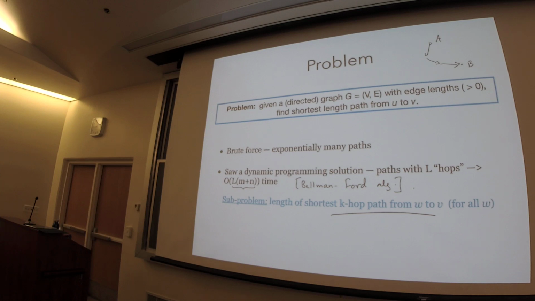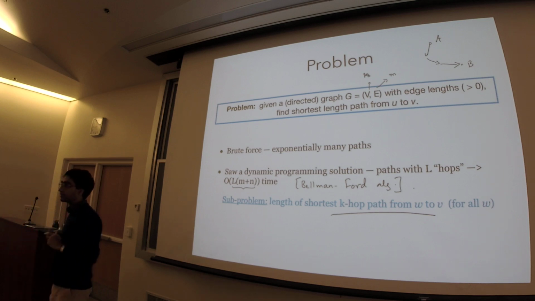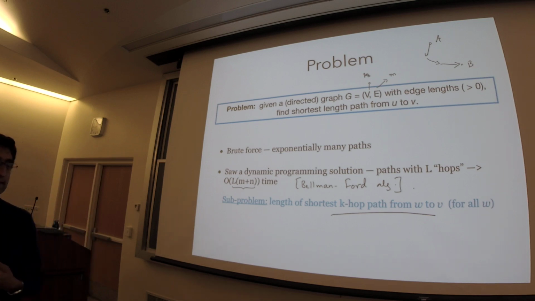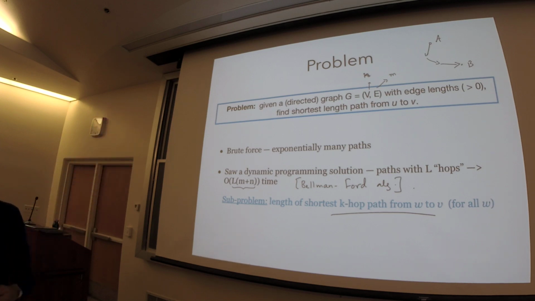Yes, so what he's saying is that you don't have to go for L being more than N, the number of vertices. You remember N and M are what we use for the size of V and the size of E. You never use a number of hops more than N. That's clear, because if you use more than N hops, you must have visited some vertex twice.